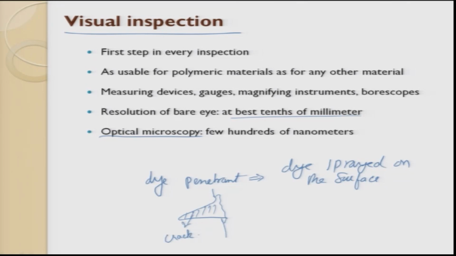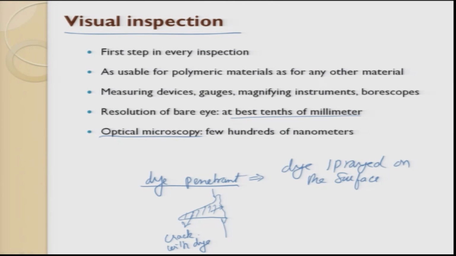When we spray the dye, it goes inside the crack, and then we apply the developer and clean the surface. Over a period of time, the dye starts oozing out and shows a difference in color. That is how a dye penetrant test works.